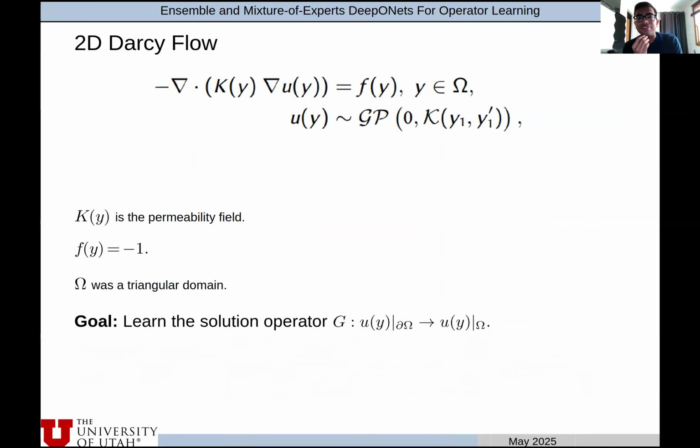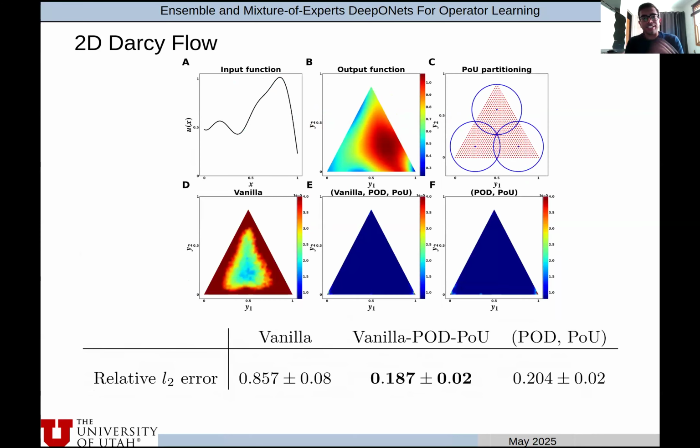Okay. Finally, the last problem that we checked in this paper is the 2D Darcy flow problem. Again, coming from the fair comparison paper. So here the domain is a triangular domain, and the solution operator that we try to learn is from the boundary condition. So it is a one-dimensional boundary condition to the solution in the entire domain. So these are the results on this problem.